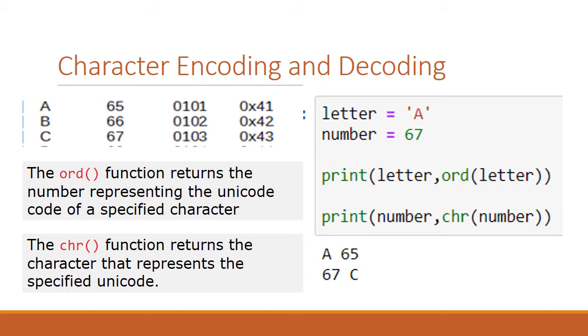Then we print out the letter and the ordinal value of the letter, and the computer prints A and 65. We print out number and the chr of number. Chr of number will take the 67 and convert it to a character, so it prints 67 and C.